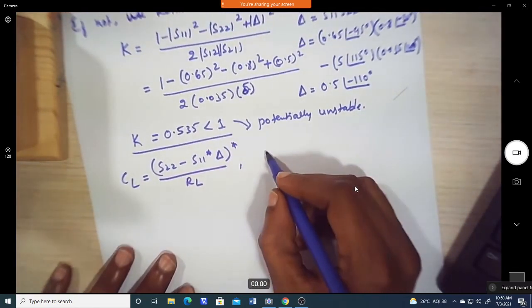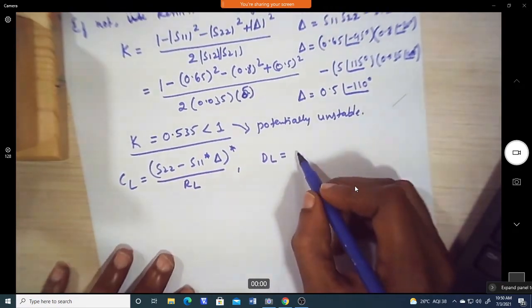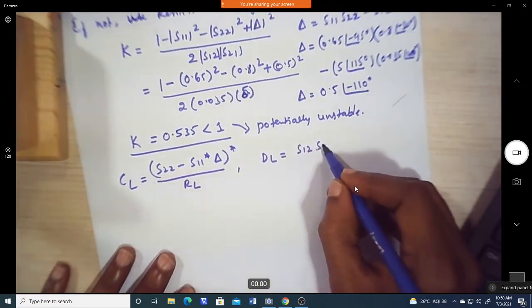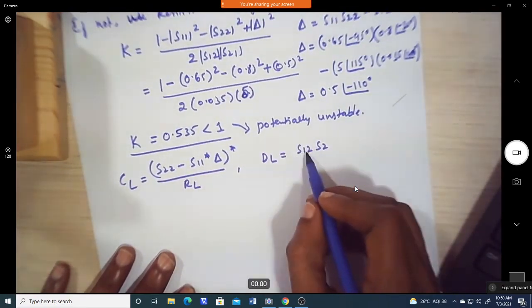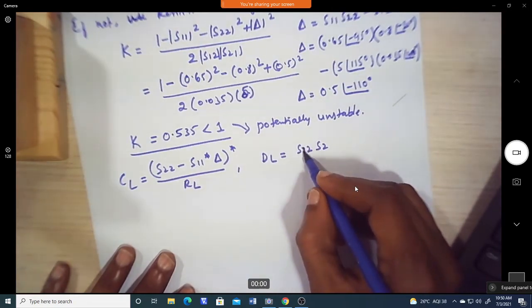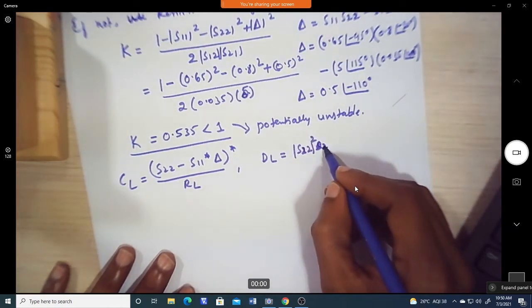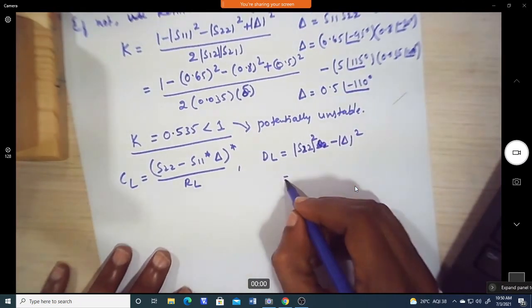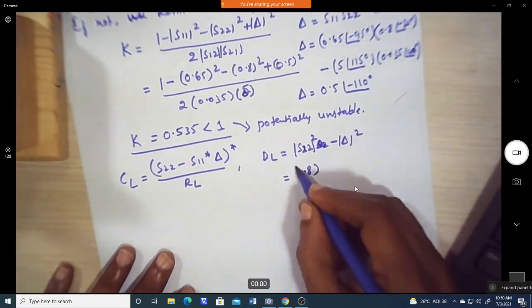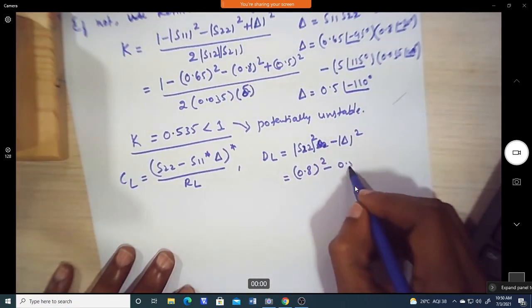Now we have to find out DL, which is equal to S22 square minus delta square. What is S22? It is 0.8 square minus delta, which is 0.5 square.